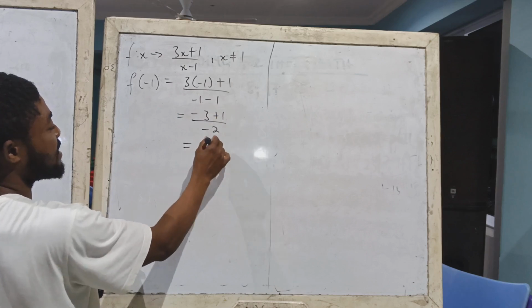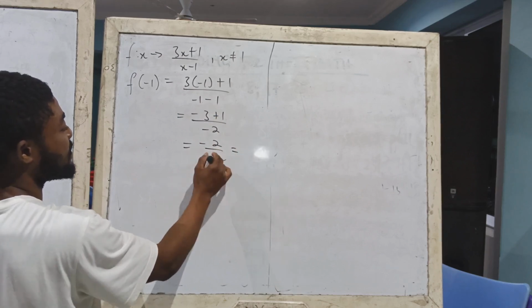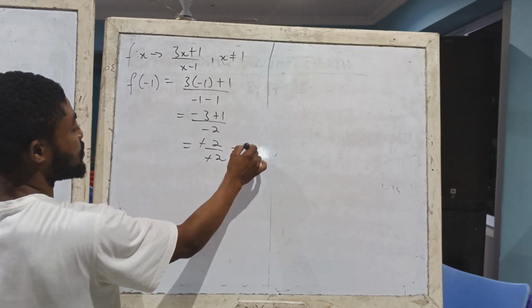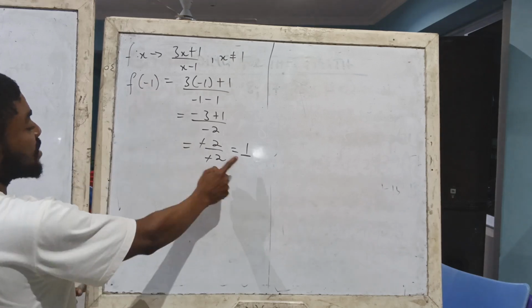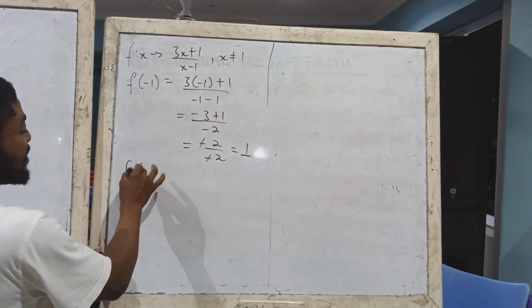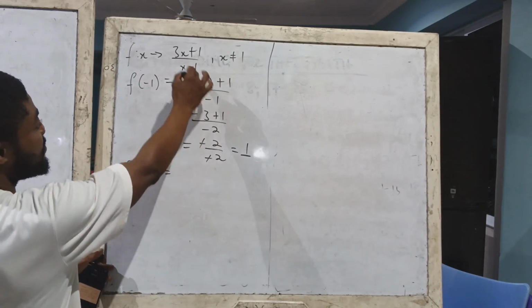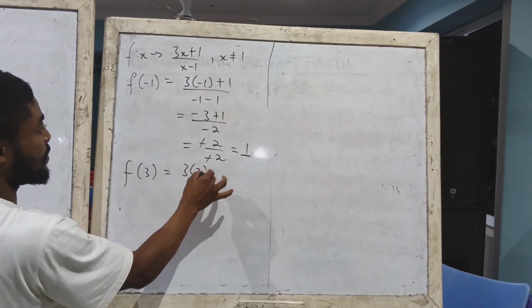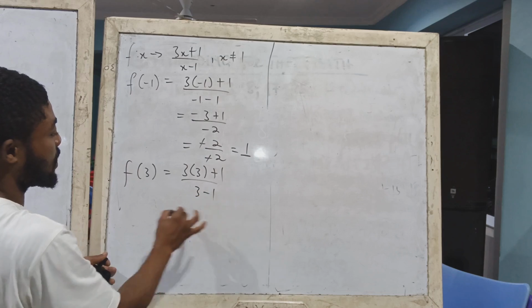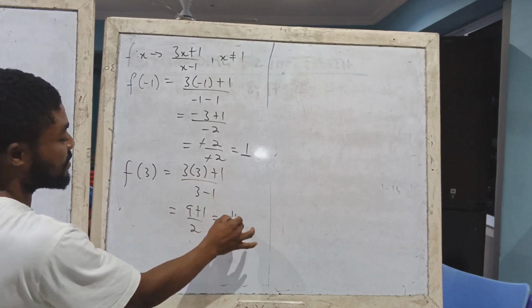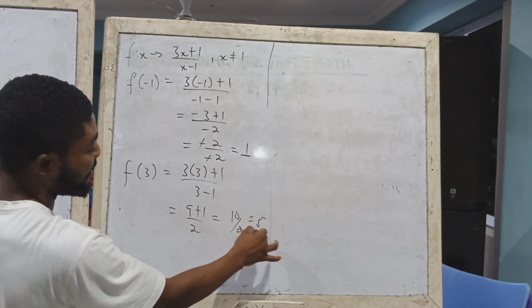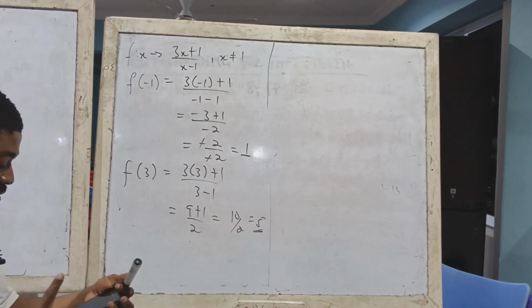Negative 3 plus 1 is negative 2, on negative 2, which is equal to 1. And so the image of negative 1 is positive 1. And then image of 3, in place of x, I put 3. 3 times 3 is 9 plus 1, all over 2. 10 over 2, which is equal to 5. And so the first part is almost done.